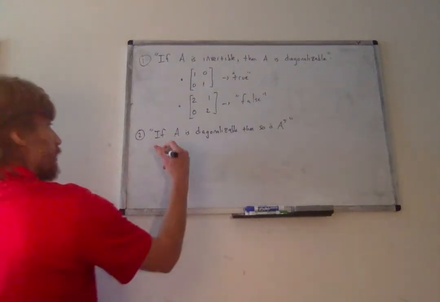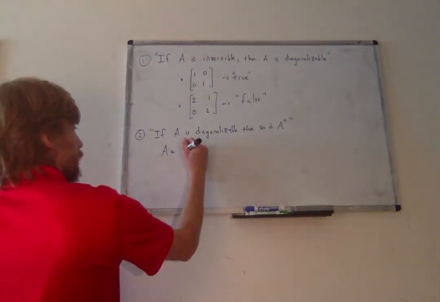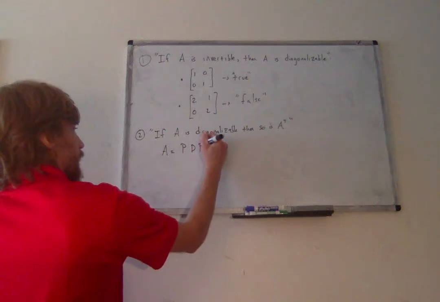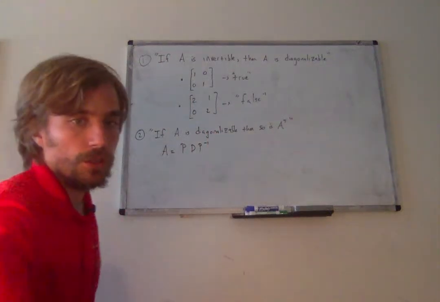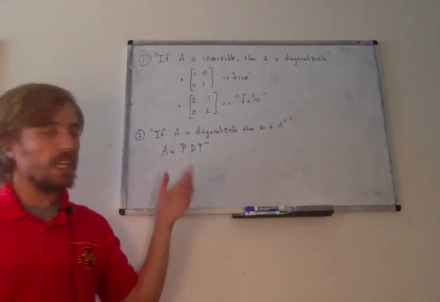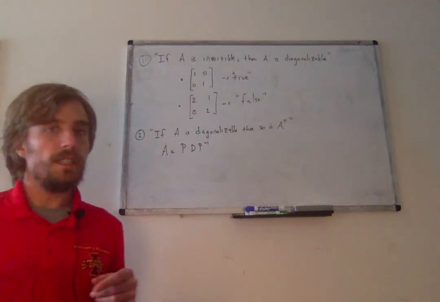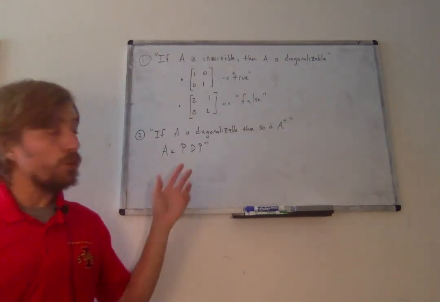We know that A is diagonalizable, right? Meaning we know that A is equal to P times D times P inverse, where P is, again, just an invertible matrix, and D is a diagonal matrix. Well, actually, we do know a lot more about P, right?